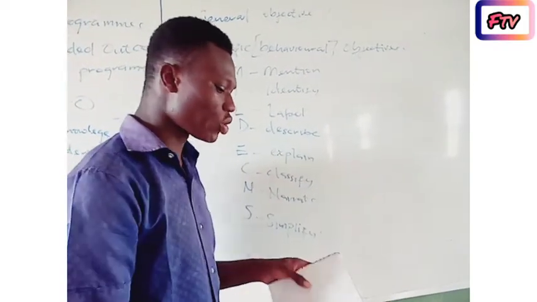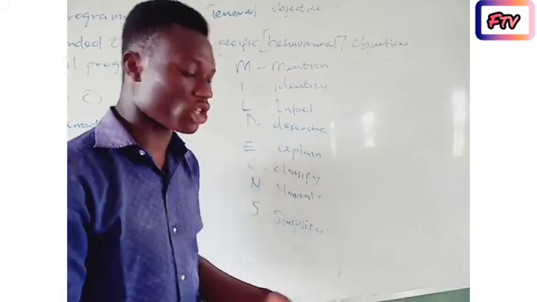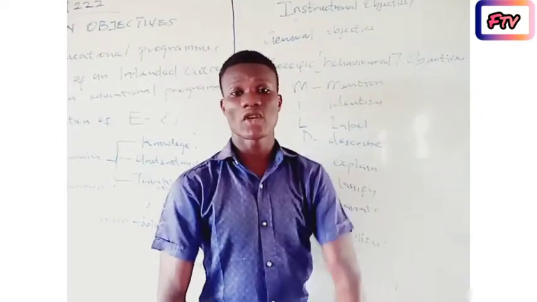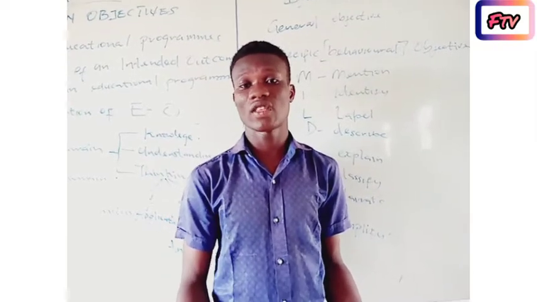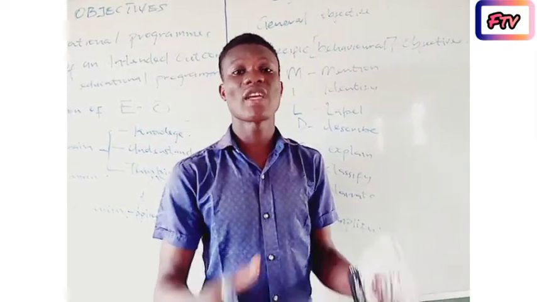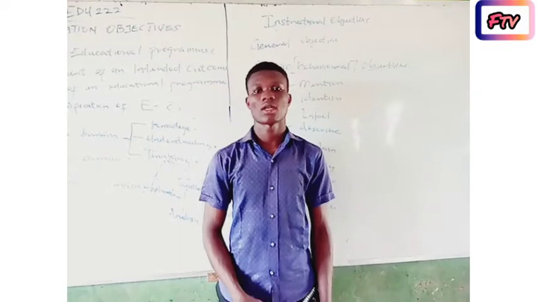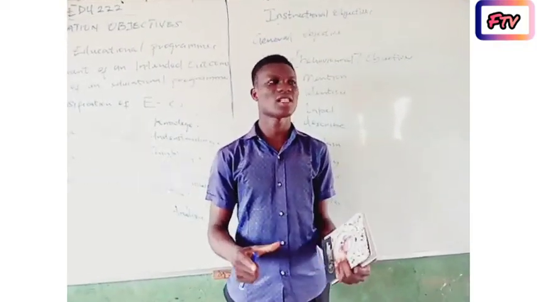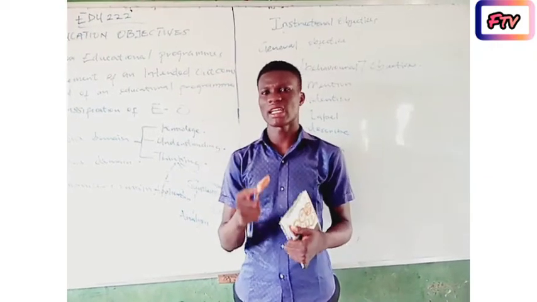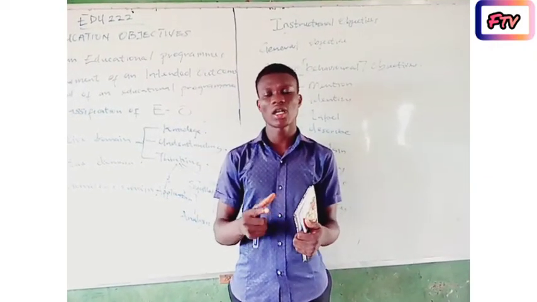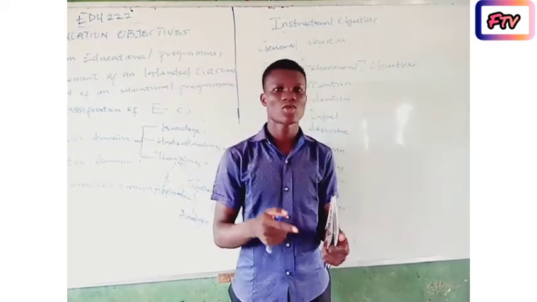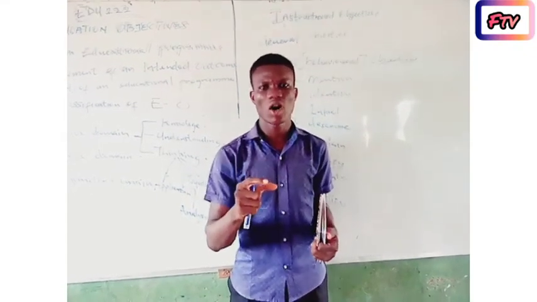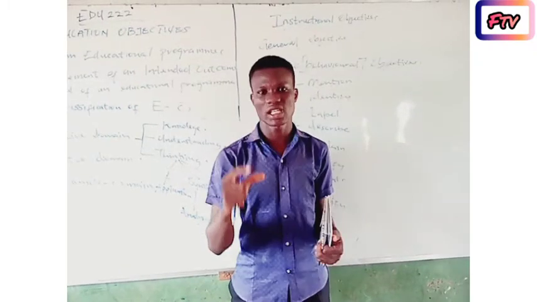Now let's quickly rush through the last one. Importance of educational objectives. Now I told us something before that when the purpose of a thing is not known, abuse is inevitable. One of the importance of educational objectives is that it makes learners and teachers know if the educational objectives have actually failed or been a success for them.